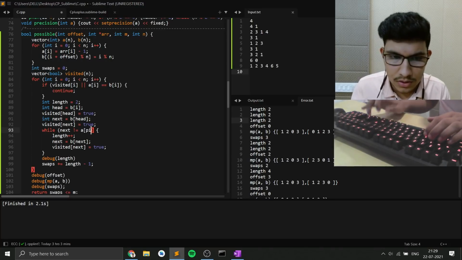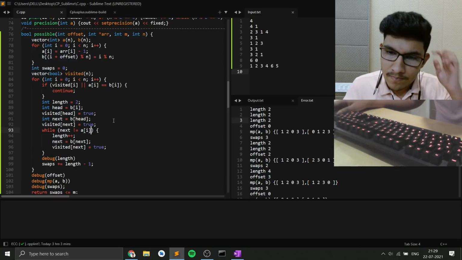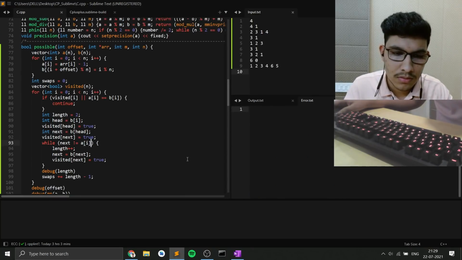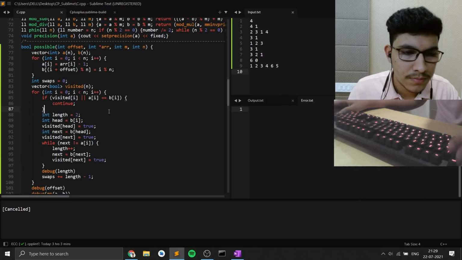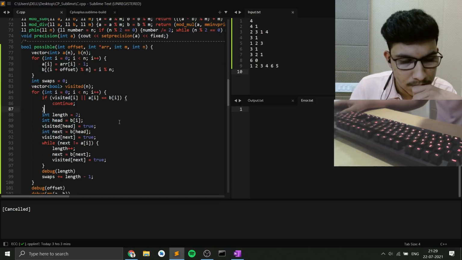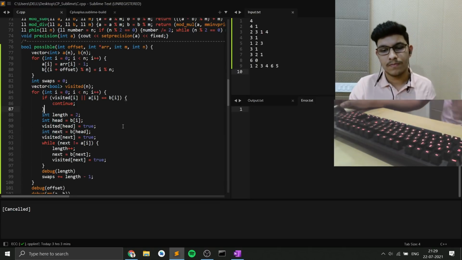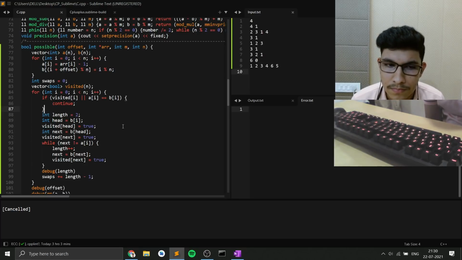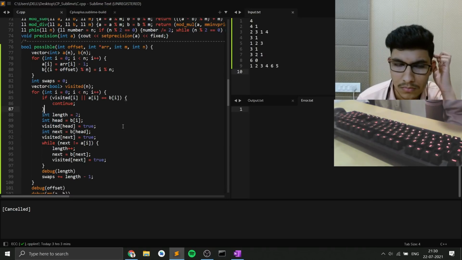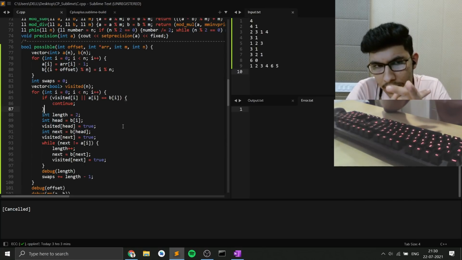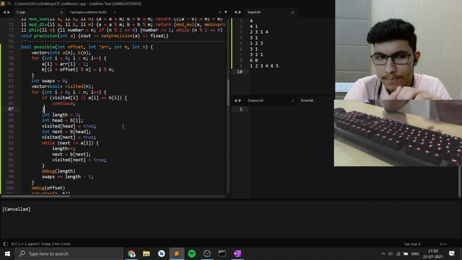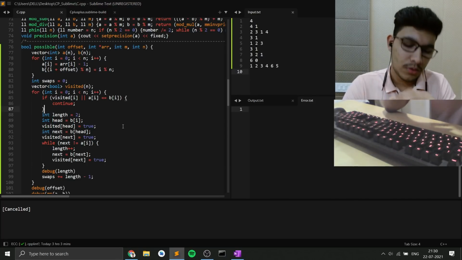So this should be A at I, not simple I. So we need to convert B to A. Now let's say I start on the very first index.